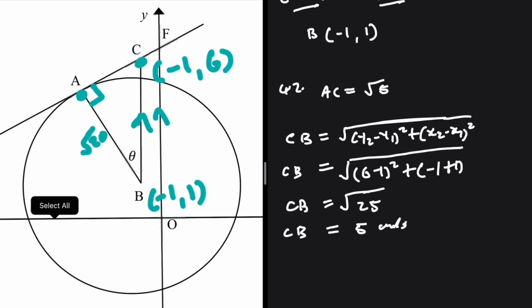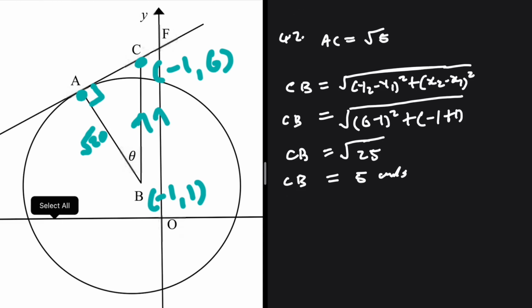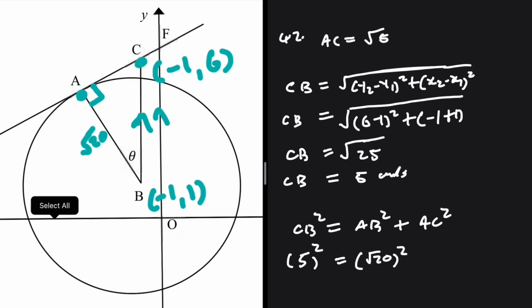So there we go. We have CB, which is our hypotenuse, and we have AB. We are looking for AC. So CB² should be equal to AB² + AC². That is 5² = (√20)² + AC².